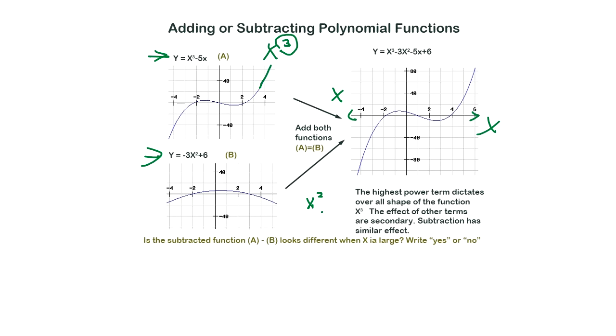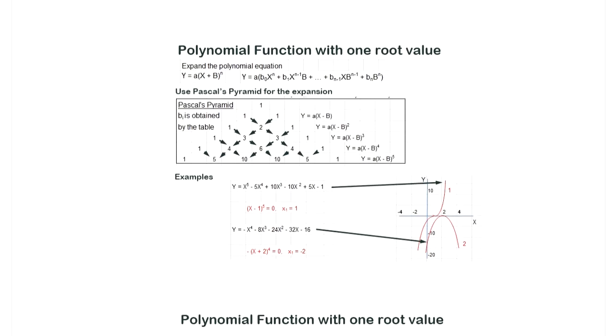That means this part is going to be here, right? And inside, between this range, it is going to be modified by this guy. And instead of crossing here, it crosses here. But this part is going to be determined by this dominant order. So if you know the rule, you can create the graph.